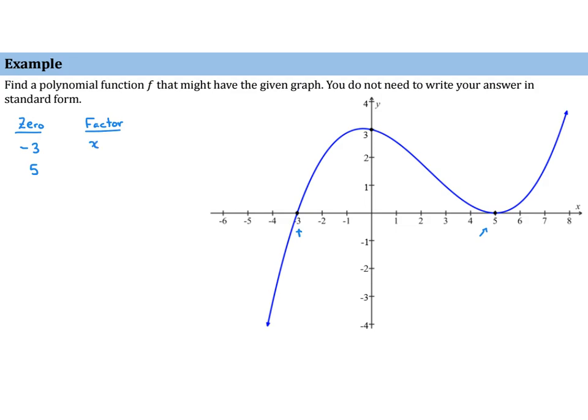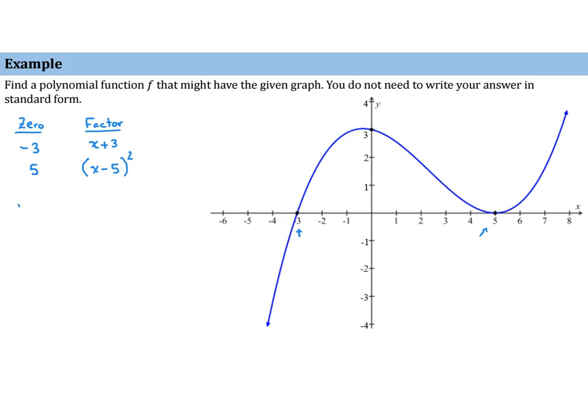Now, negative 3 corresponds to a factor of x plus 3, and then 5 is going to yield x minus 5 as a factor. But notice, negative 3 we cross, so I could have any odd multiplicity. So I'll just choose a multiplicity of 1 to make things simple. 5 is an x-intercept where we touch, we don't cross, so we need an even multiplicity, and I can choose any even multiplicity. So I'll just choose 2 to make it simple.